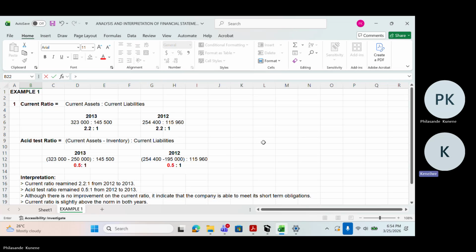Or if you want to break them down, maybe one of them indicates we are in a good position, or the other one. What would you say? But overall, is the company in a good liquidity position or not?